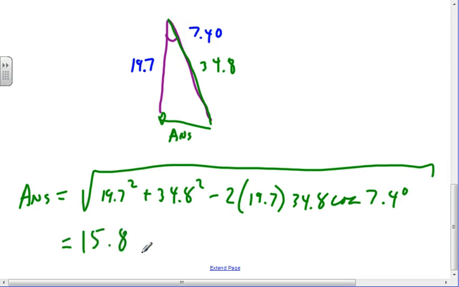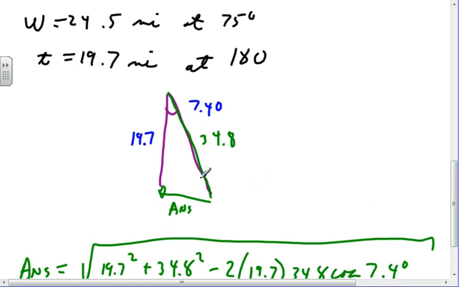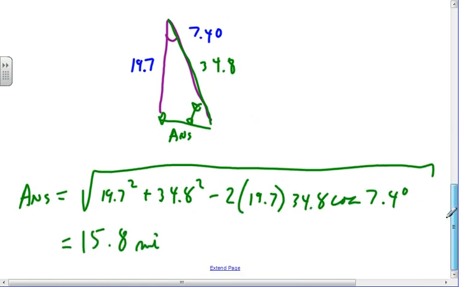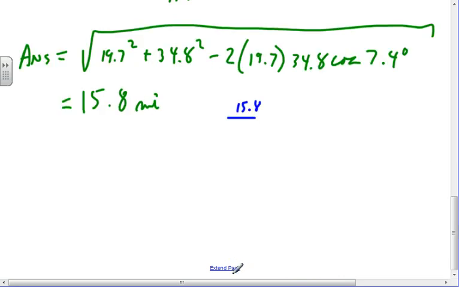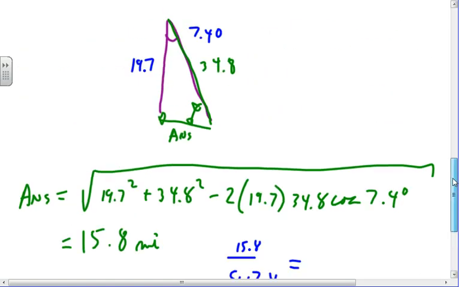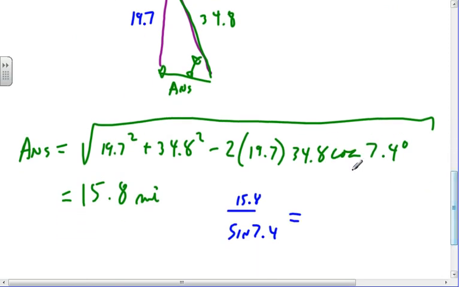So it's going to be 15.8 miles. Now I need an angle. So what is that angle sitting there? I'm going to use the law of sines and say that 15.8 over sine 7.4 is equal to 19.7 over sine A. And that would give me that answer.